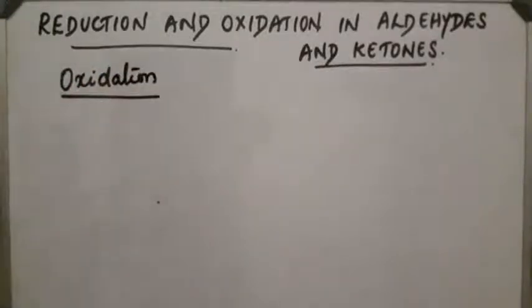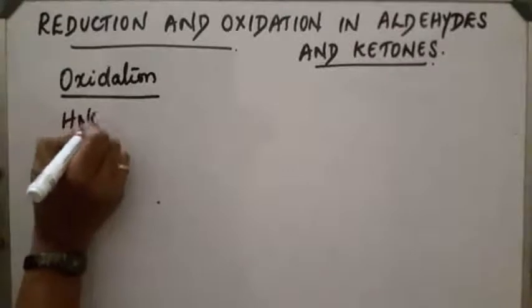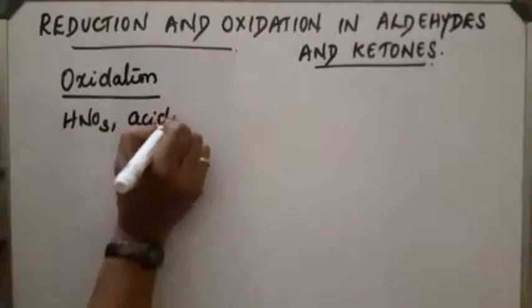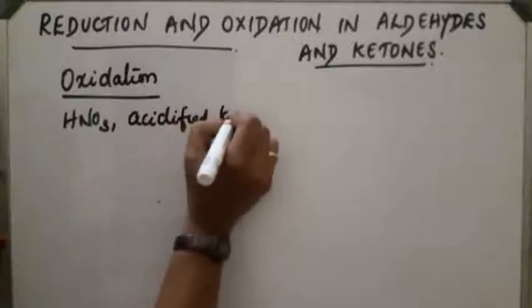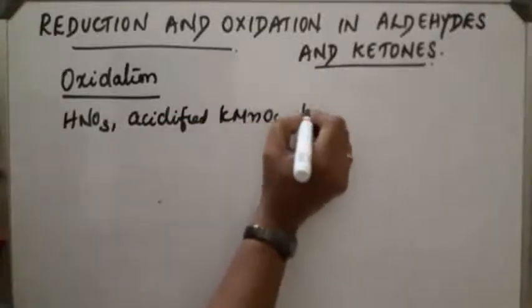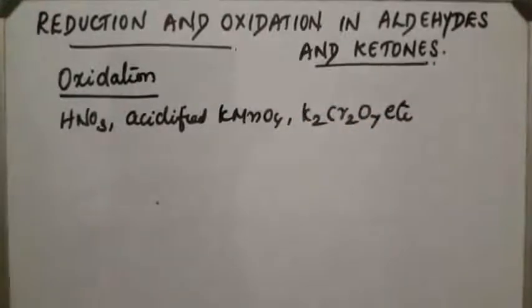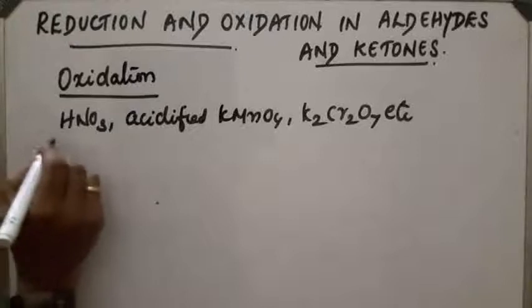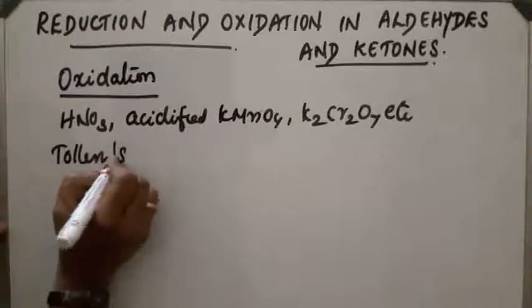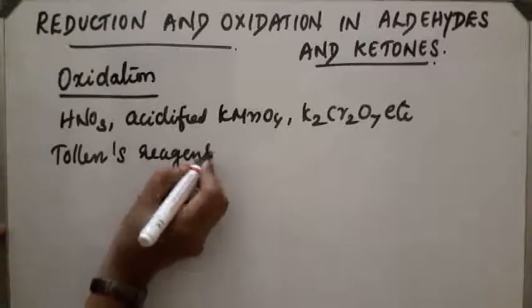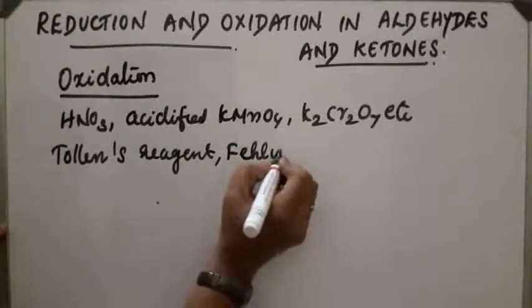Here, aldehydes can easily get oxidized to their corresponding acids on treatment with common oxidizing agents like HNO3, acidified KMnO4, K2Cr2O7 (dichromate), etc. They are also oxidized by mild oxidizing agents like Tollen's reagent and Fehling solution, etc. We will discuss this.